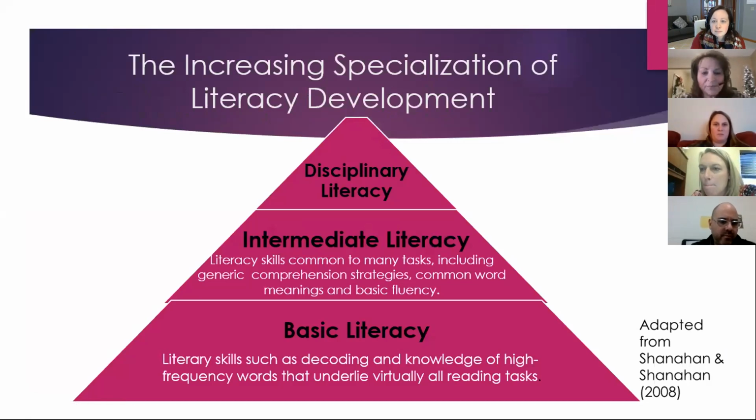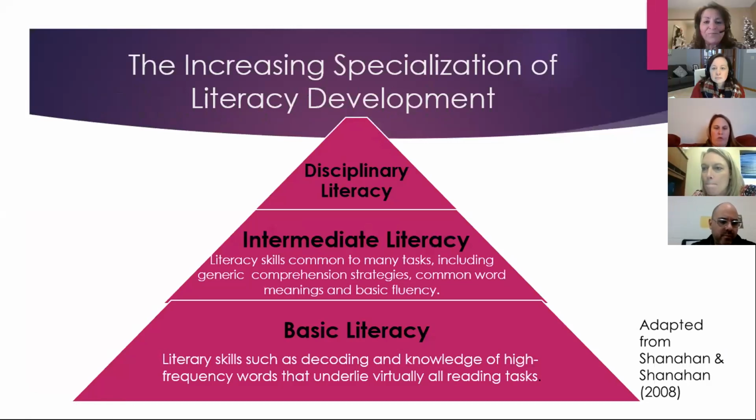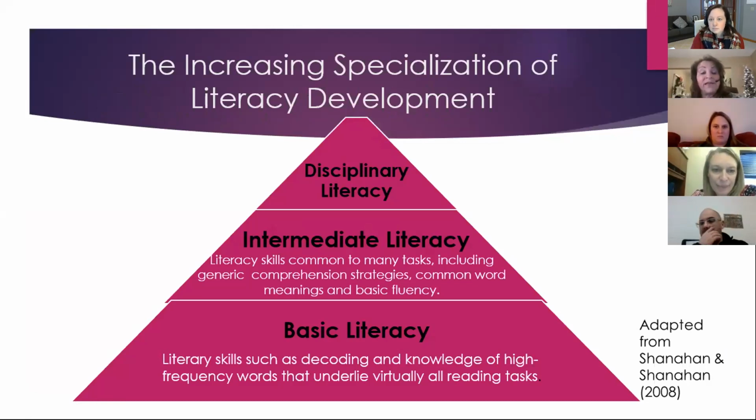Before we get to some strategies, in social science, there are a number of different literacy strategies that we can talk about today, and we know reading is an important part of all content areas, but we're going to be talking a little bit about disciplinary literacy today and how that's different than the ones that you see in the other part of the pyramid here.